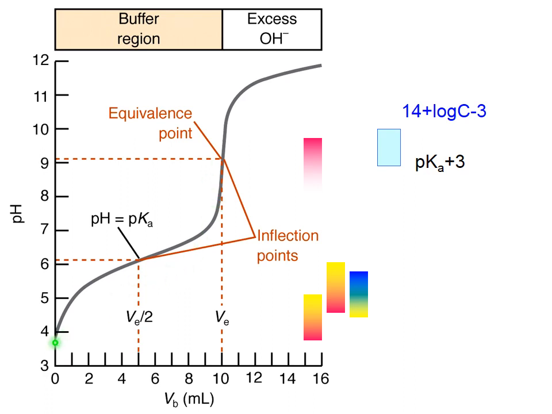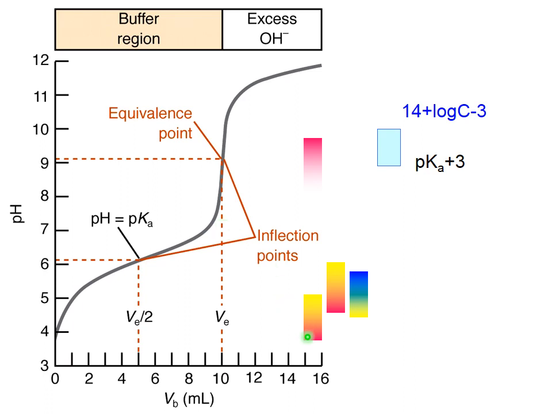The story is different when you titrate a weak acid with a strong base. In this case, your equivalence point will be a weak base, and it will be located far away from neutral 7.